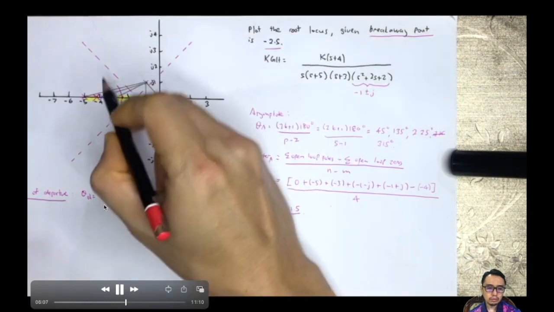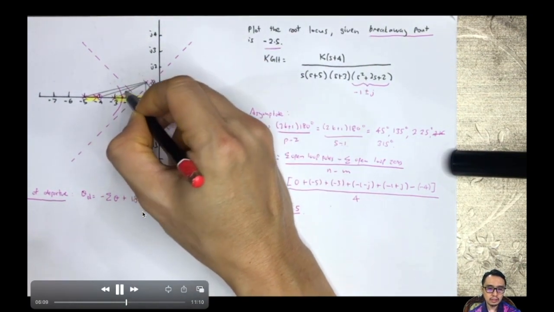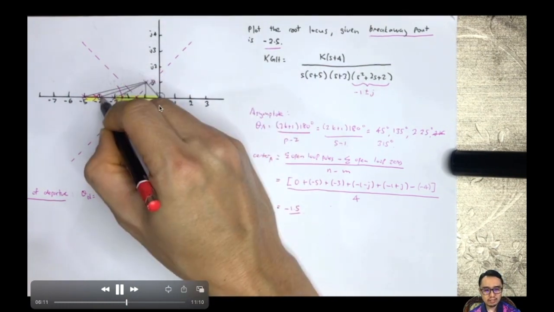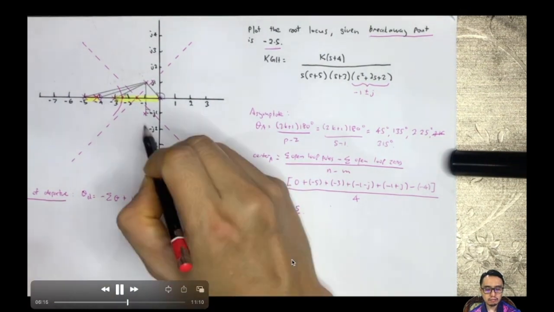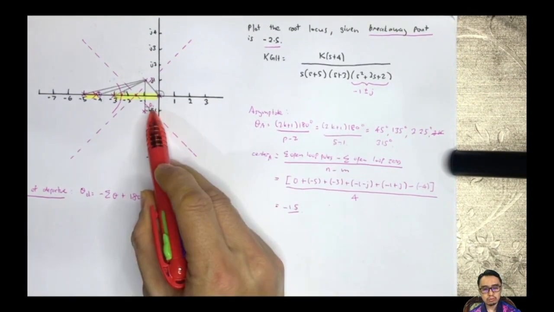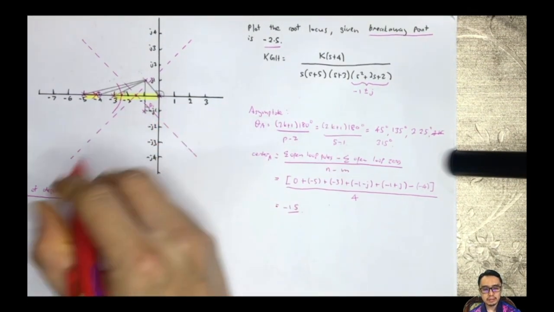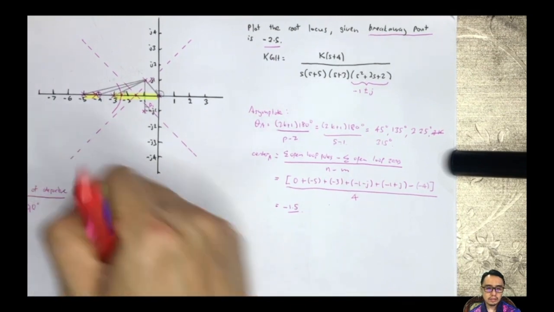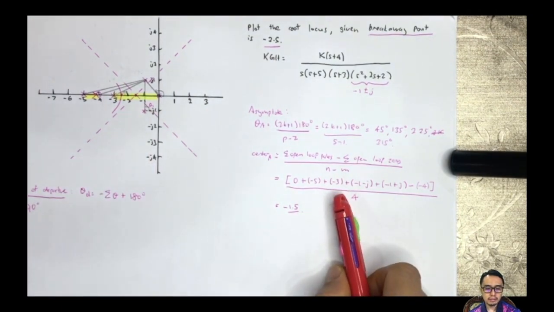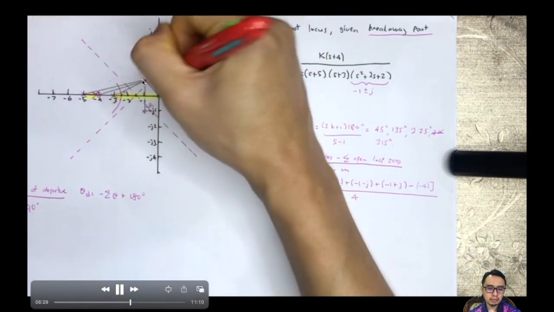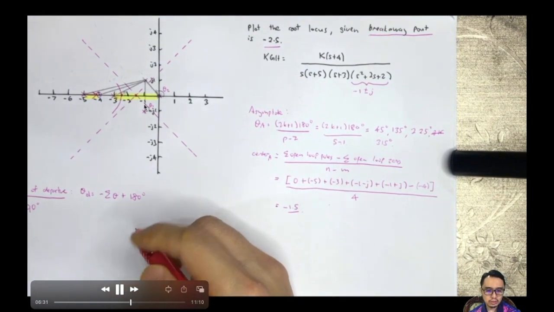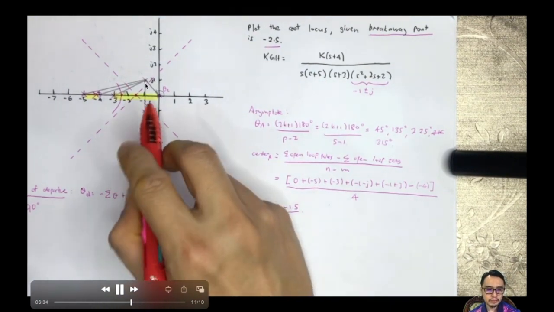Using this rule, we need to calculate all the angles. The sum of the angles made by the vectors of poles minus the sum of angles made by the vectors of zeros should be a multiple of 180 degrees. So you just leave out the theta d here. We assume it's very close, so we just draw the vector directly to that particular point.